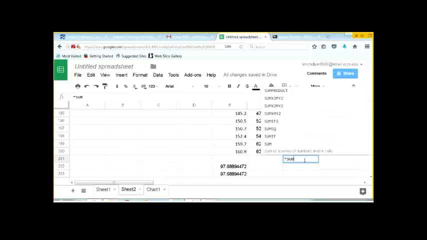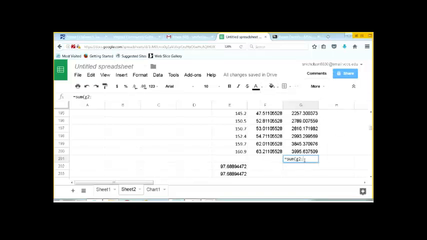Okay, and then I add them together, so it's G2 through G200. That's the sum of the deviation squared, and then my final answer would be equal to the square root of this divided by 199, which is 200 minus 1. Actually, there's only 199 data points, so it'd be 198.